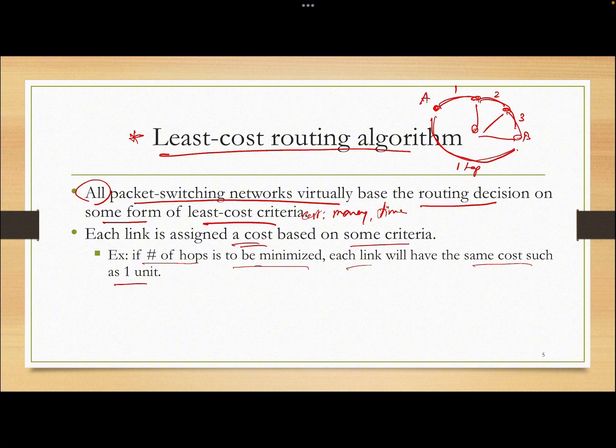Think of this as when you're driving and you want to minimize the intersections, the red lights. Maybe you don't care that this road is a little bit longer if it doesn't have the traffic lights. You choose the way with the fewest traffic lights.